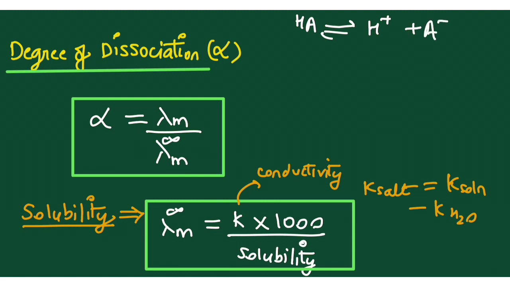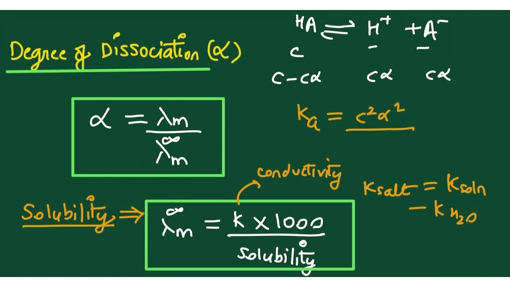We know from our discussion in ionic equilibrium, if the initial concentration is C, we have C minus C alpha, where alpha is the degree of dissociation. And now we can define the equilibrium constant or dissociation constant of the acid as Ka equals C squared alpha squared divided by C(1 minus alpha). Okay.